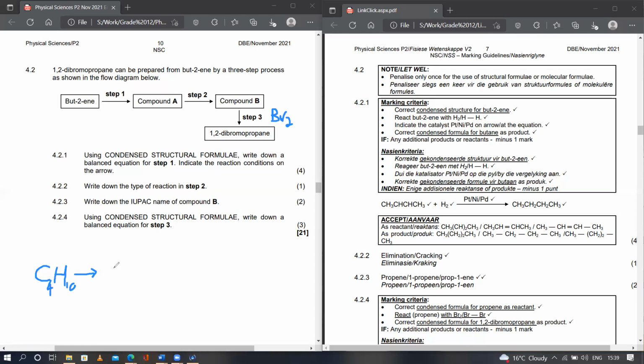So that means it's gonna be converted to C3H6, and you're gonna have methane. Because you're gonna have to add dibromine to this in order for it to become 1,2-dibromopropane.